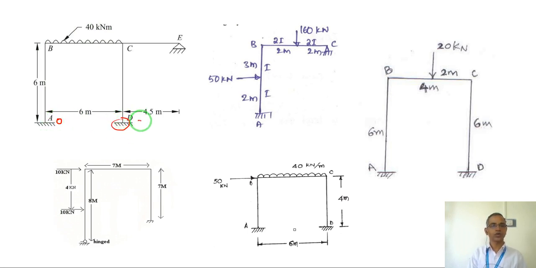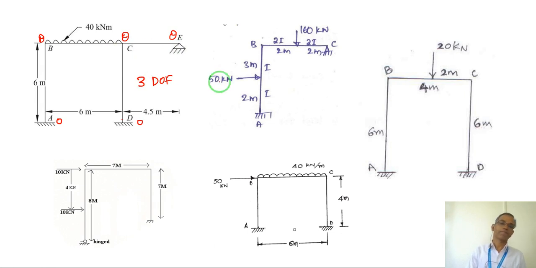At B, this frame is first of all non-sway, so it can only rotate. So 1, which is rotation. Here there is another rotation, theta. Here, because of the hinge joint, it has a rotation. So total 3 degrees of freedom for this frame.